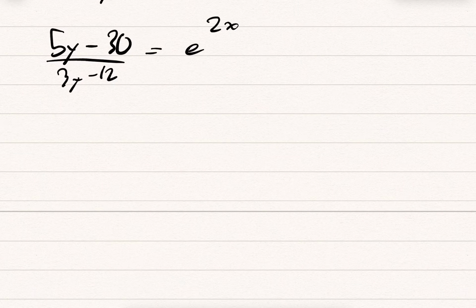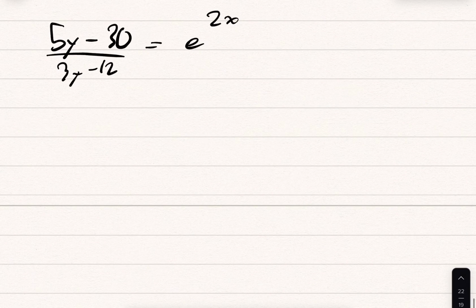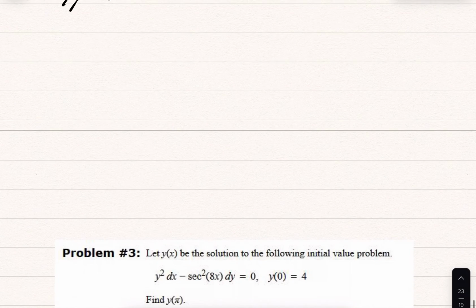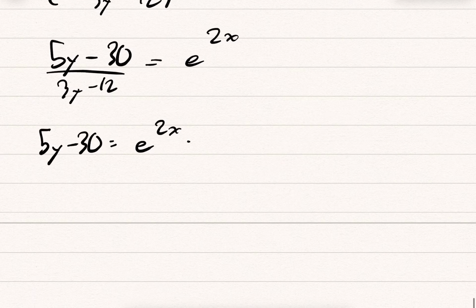Now at this point, I don't see any further simplifications that we could do other than just expanding it out and doing our thing. So I'm going to try and fit this in. Let's just keep moving. So 5y minus 30 equals e to the 2x times (3y minus 12) e to the 2x.